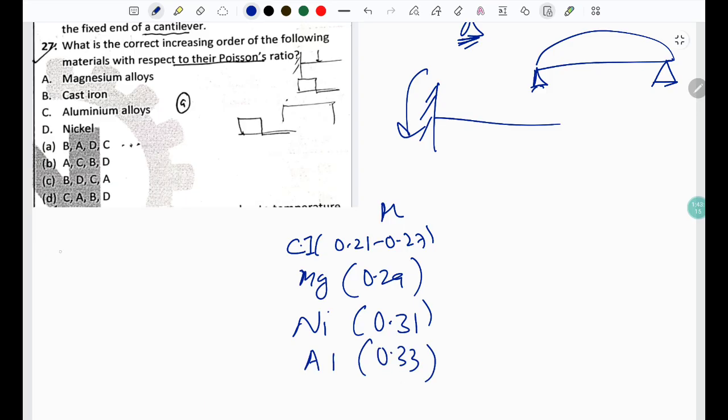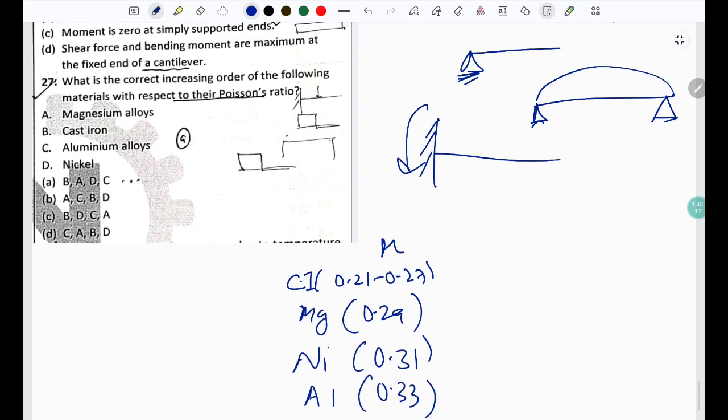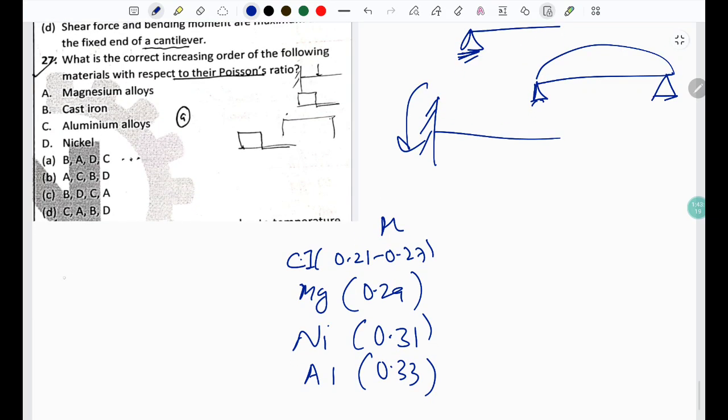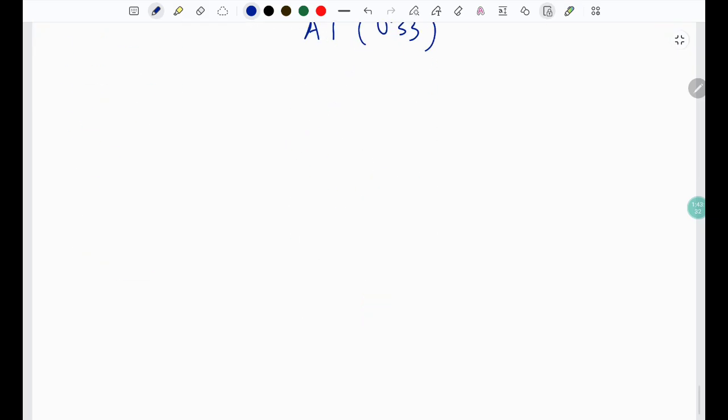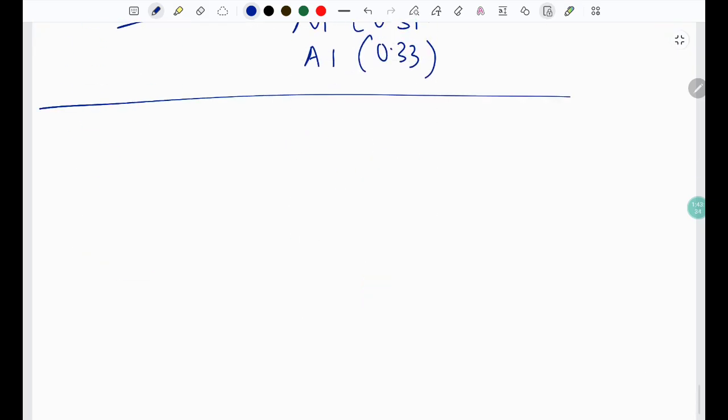Therefore, we have to arrange it in increasing order. The smallest one is cast iron, B, followed by magnesium, that is A, followed by D, that is nickel, and then aluminium has the highest. So A is the correct answer. Let's move on to the next questions.